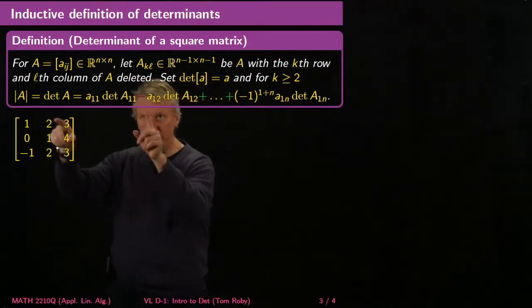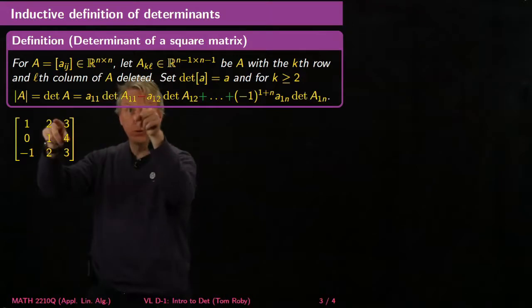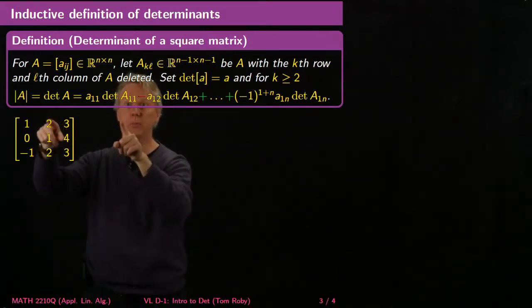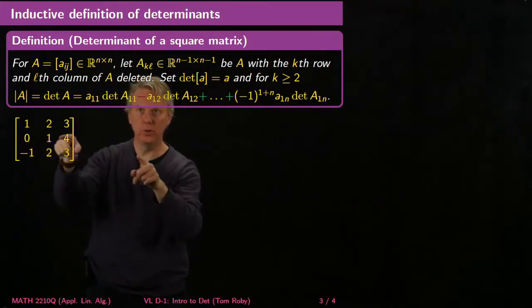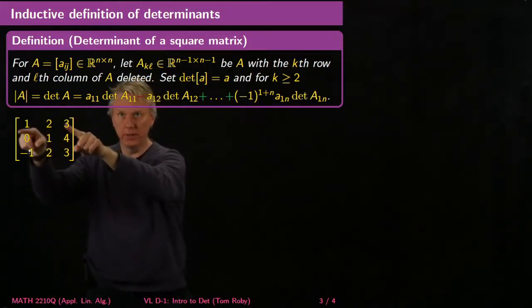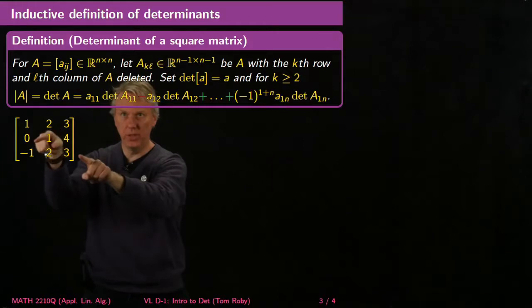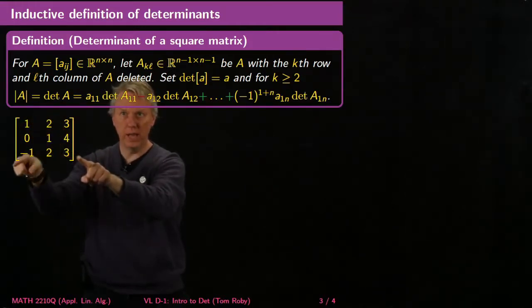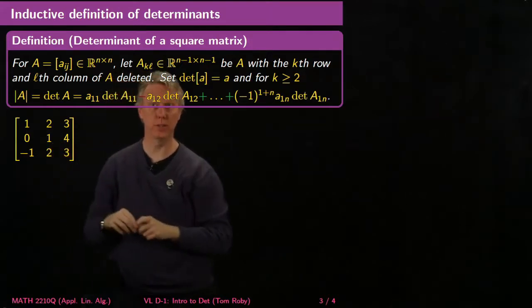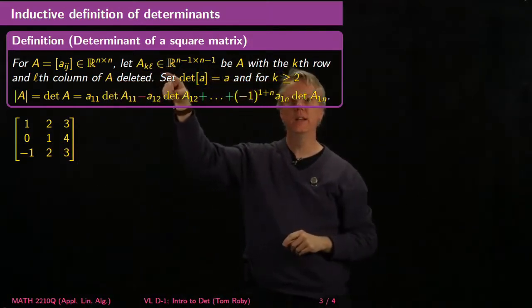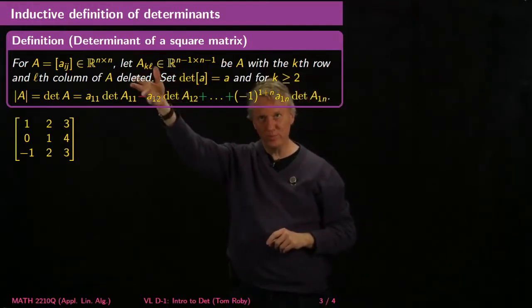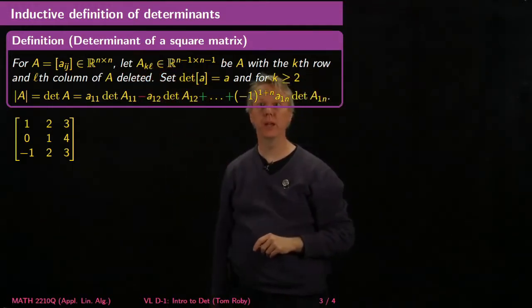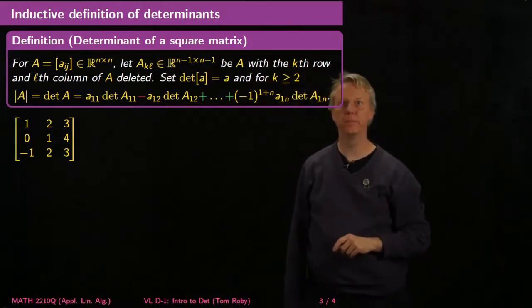So I could have something like capital A23 here, which would be: I delete the middle row, 2, and I delete the third column. So I delete this column and this row, and then what I'm left with is 1, 2, negative 1, 2. That's going to be the matrix that I'm left with. This is called the minor of a matrix, and it's the k-lth minor, where I delete the kth row and the lth column.